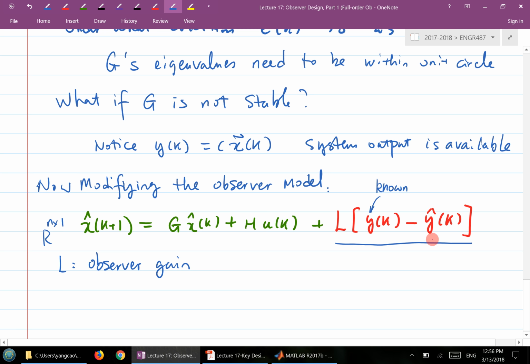And y hat is C times x hat of k; you can call it the estimated output, not the estimated state variable. The estimated state variable is x hat. L is the observer gain. In order for the dimensions to match, L needs to be an n by 1 vector, so you create an n by 1 vector, the same dimension as x hat.